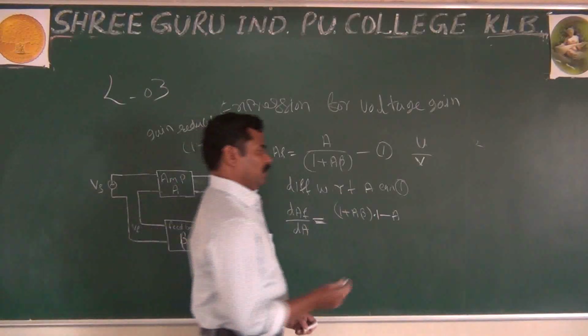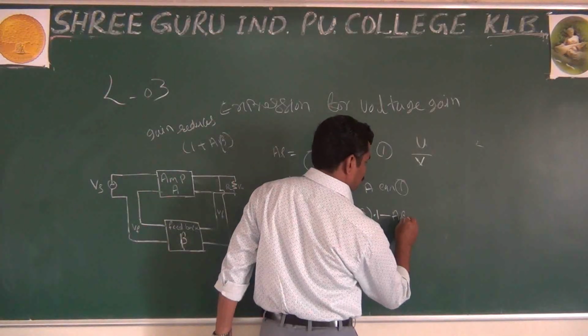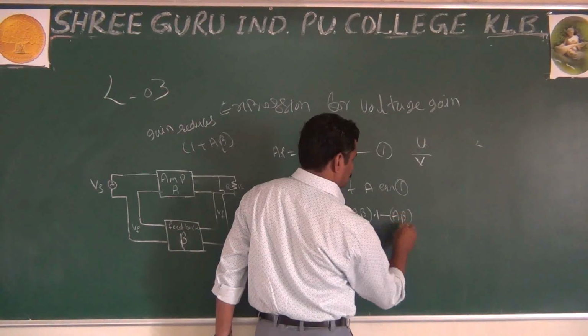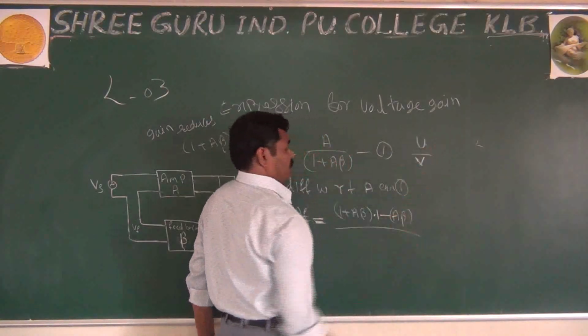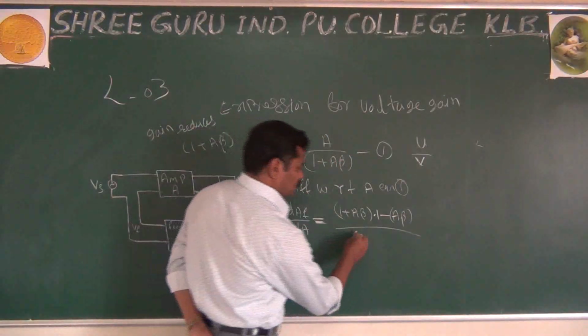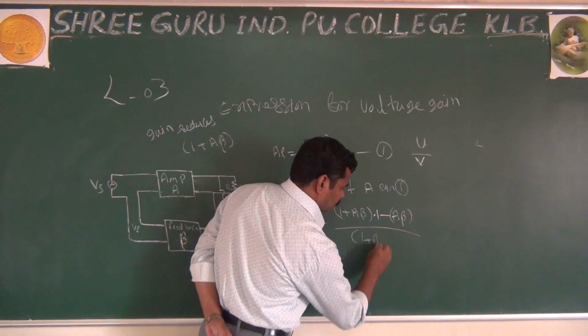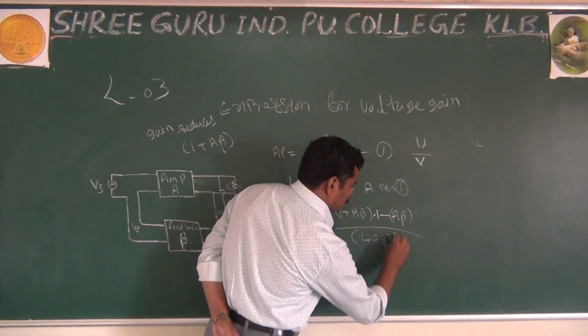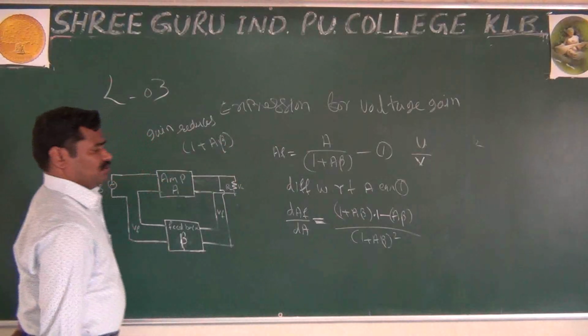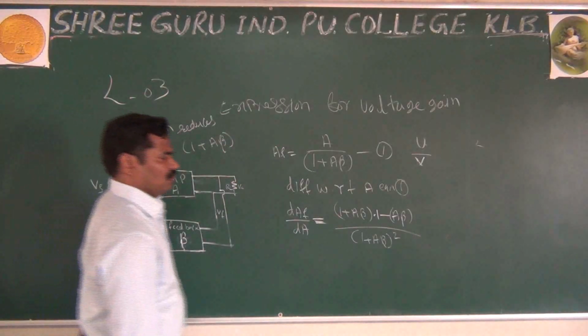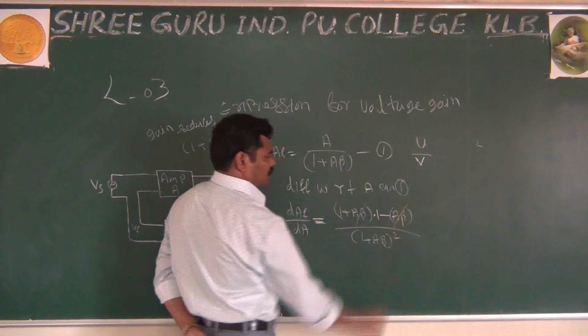It becomes A beta. And divided by, according to this formula, you can write V square, (1 plus A beta) whole square. This one we can simplify. Very simple, this A beta cancels.